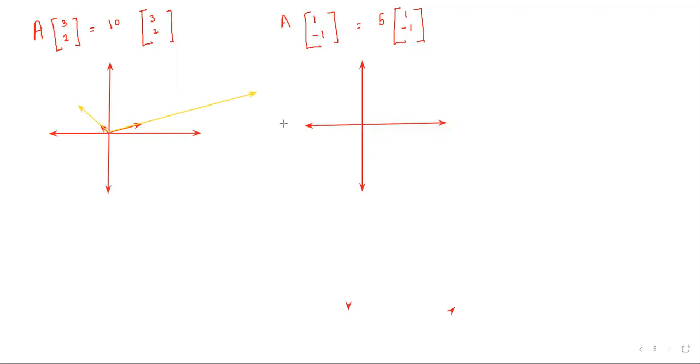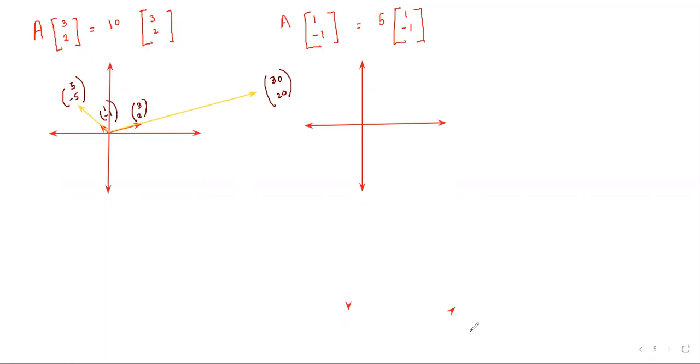So here you see, this is first one 3, 2, and this is 30, 20. Here similarly this is 5 minus 5, and this is 1 minus 1.